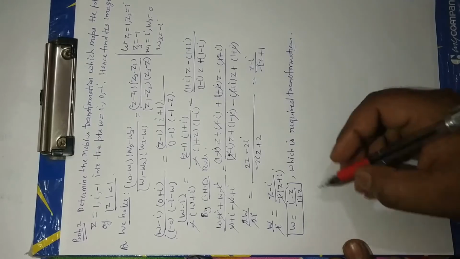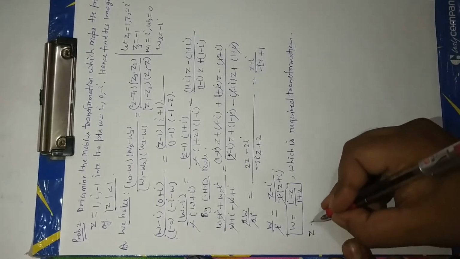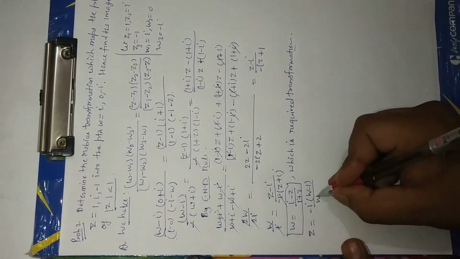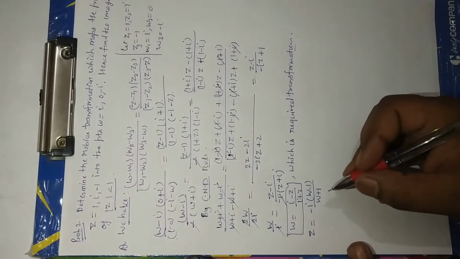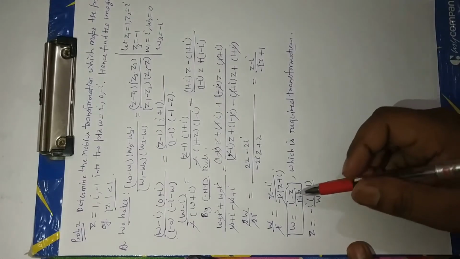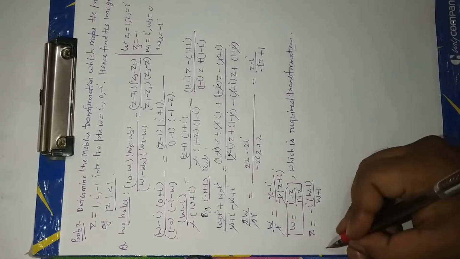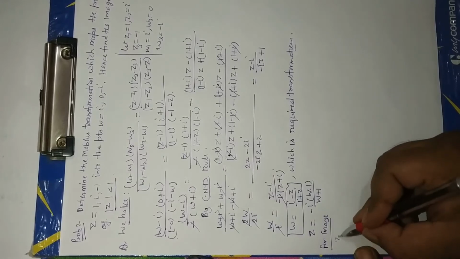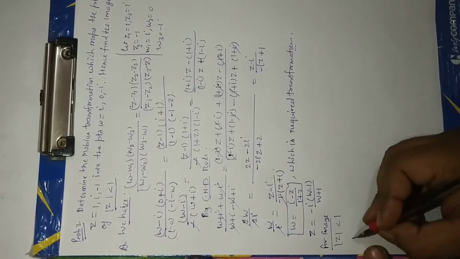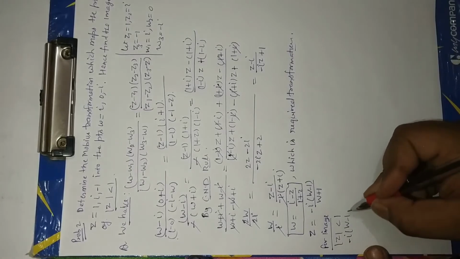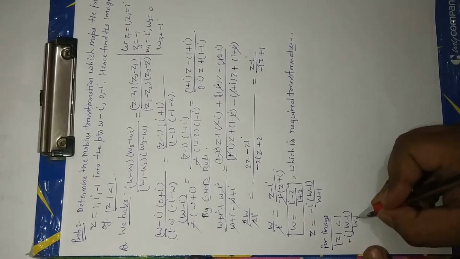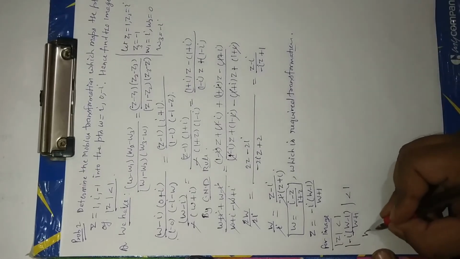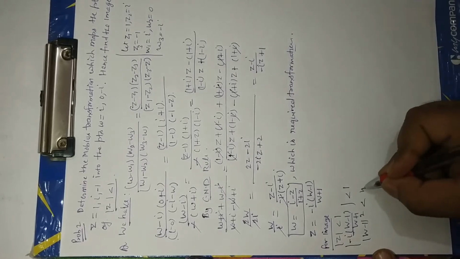Now by cross multiplication we get z is equal to minus i (w minus 1) upon (w plus 1). Now the image of the interior of the unit circle: for the image, |z| less than 1. Now |minus i (w minus 1) upon (w plus 1)| less than 1. Now |w minus 1| squared less than |w plus 1| squared.